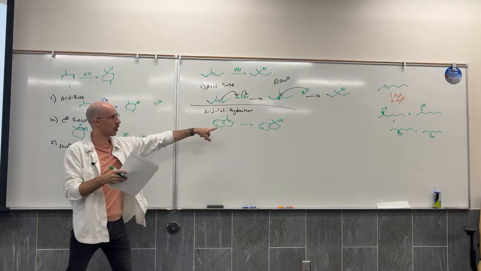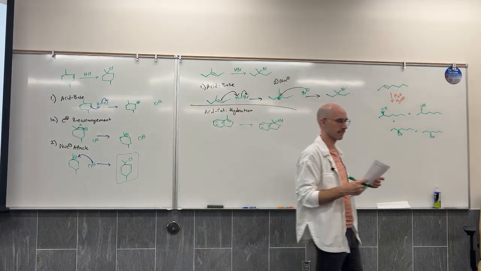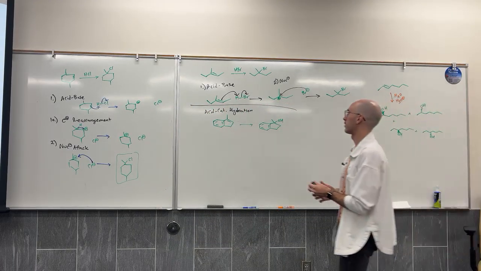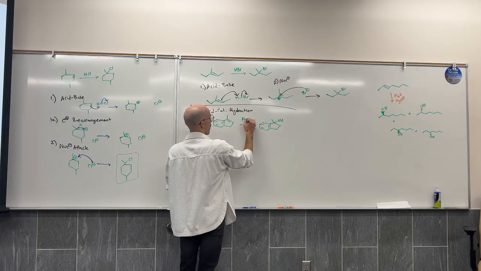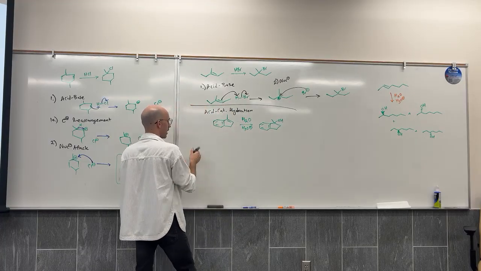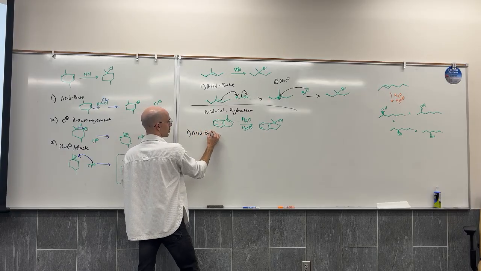What reagents go over the arrow here? H2O and H3O plus. Good, water and hydronium. When I show my mechanism, I'm going to show H2O and H3O plus at each step.